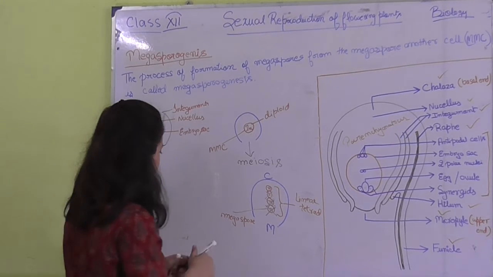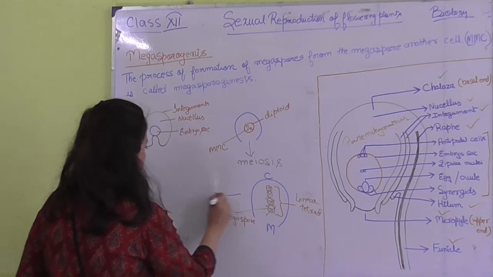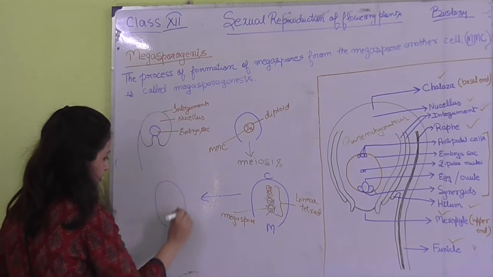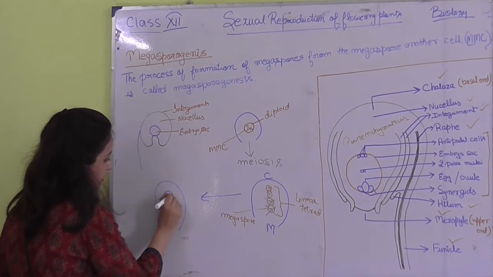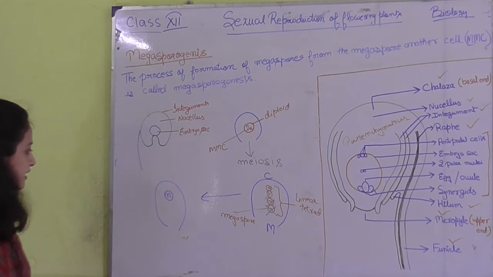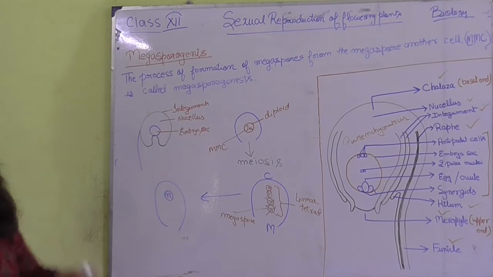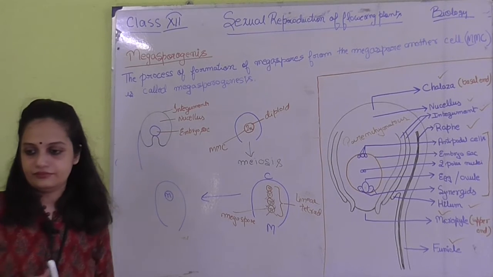So it will look like this. There is only one megaspore present, that too at the chalazal end. Now what will happen?